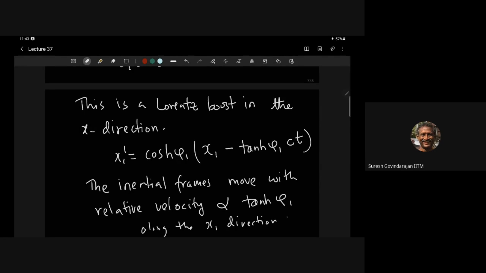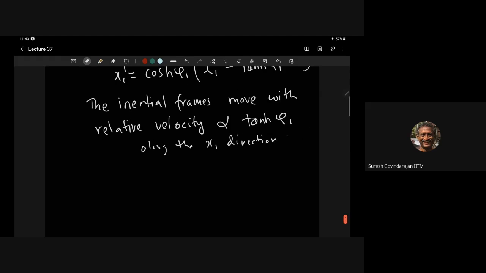So u1 by c is equal to tanh of phi 1, which for small phi 1 is phi 1 plus order phi 1 cubed. It's not phi 1 square because tanh is an odd function.